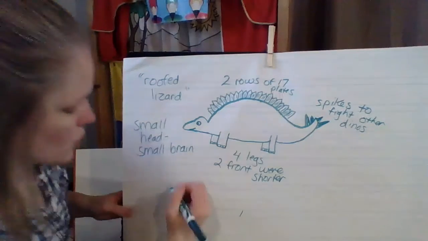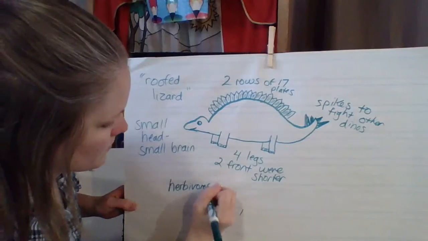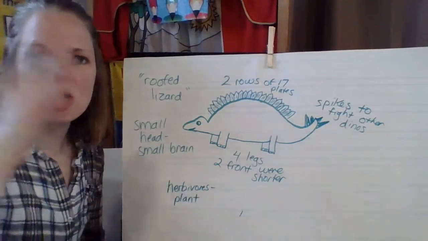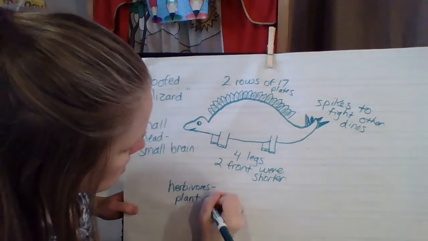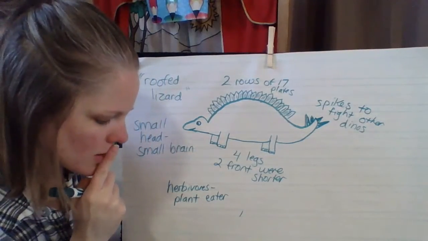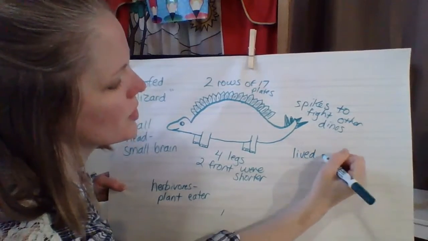They were herbivores, which means they ate plants, right? So plant eating. And they had to specifically eat low plants to the ground because they were so short, right? So plant eater. What else? They lived in herds, which means a big group.